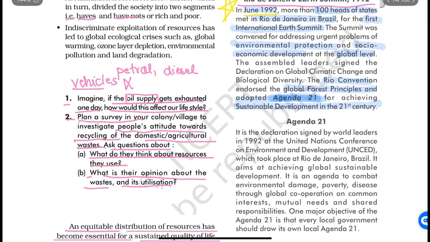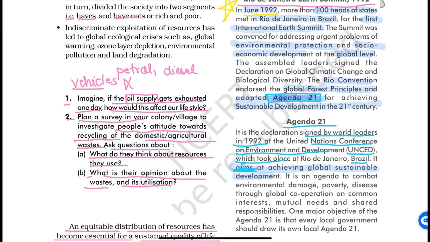Then we will study about Agenda 21. Agenda 21. It is a declaration signed by world leaders in 1992 at the United Nations Conference on Environment and Development, UNCD, which took place at Rio de Janeiro, Brazil. It aims, there are aims for it. What are the aims? At achieving global sustainable development.